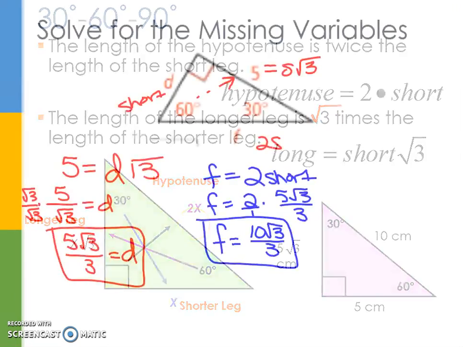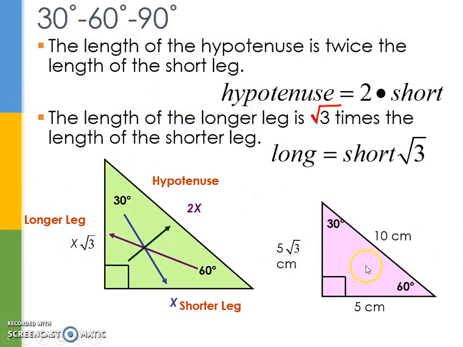So if I have a triangle like this, I have 30, 5 is the shortest one, 60, the next one, 10. Hypotenuse is always across from 90, that will be always the longest one. So my answer for 10 is, if I do 5 times 2, that's 10.